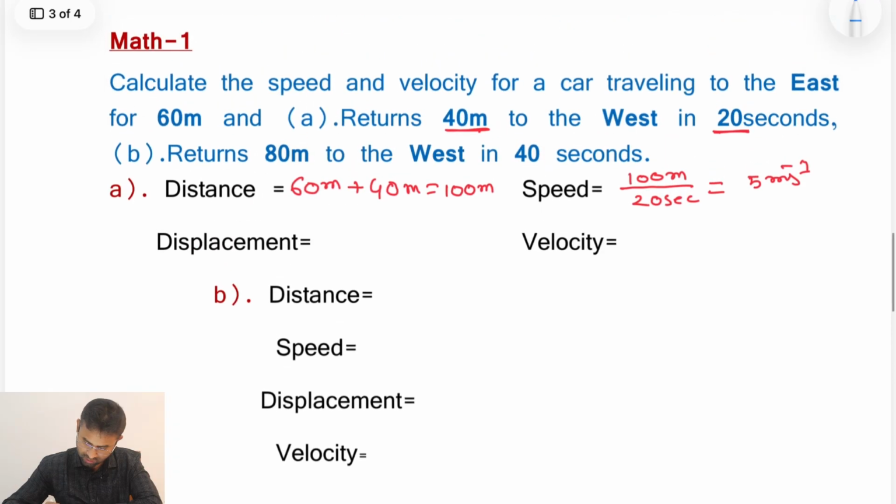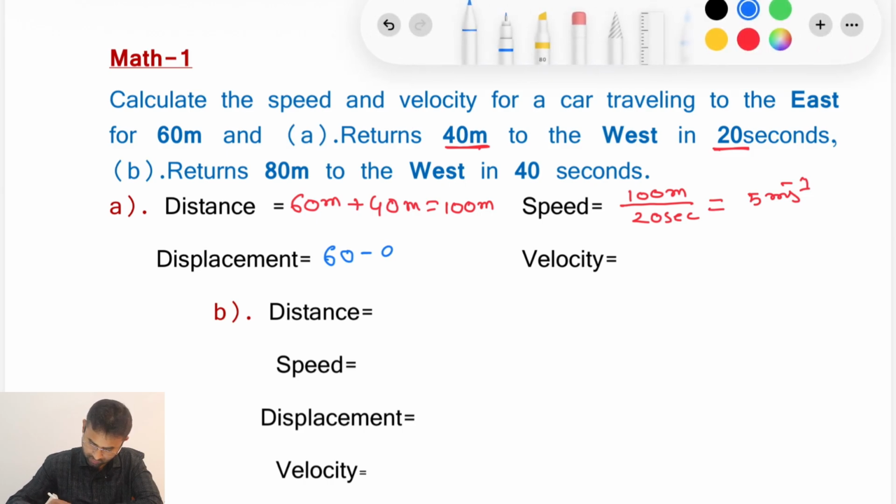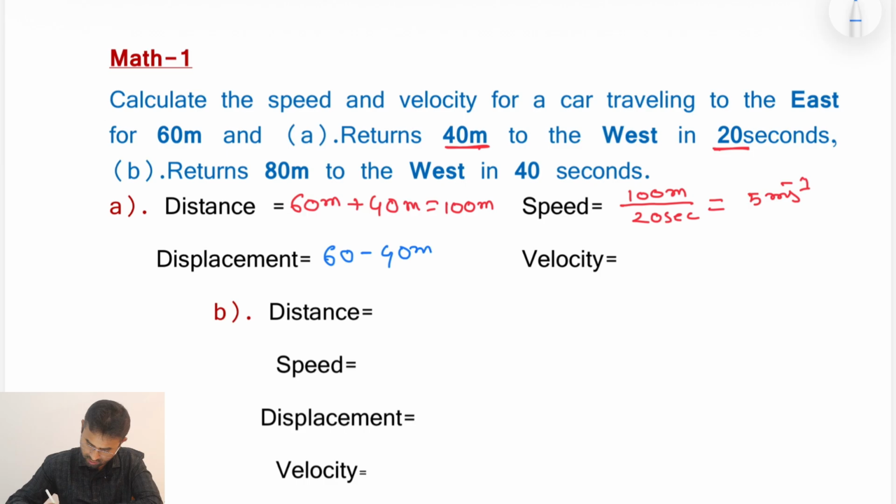So ultimately the displacement will be 60 meter minus return displacement, that is 40 meter, is equal to 20 meter. So velocity will be displacement 20 meter over time taken 20 second is equal to 1 meter per second.